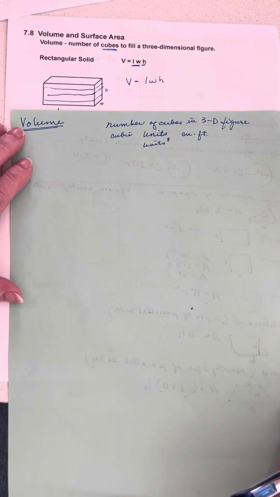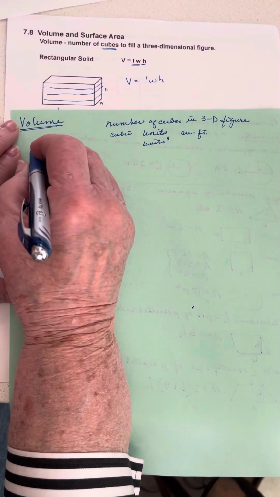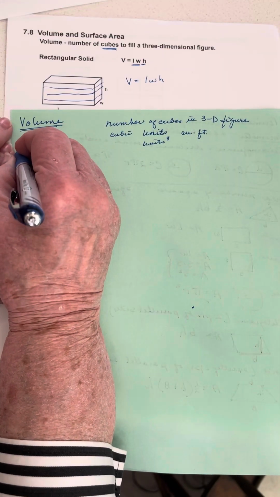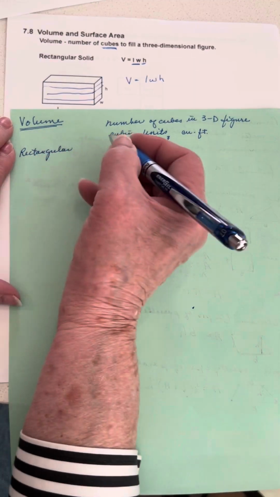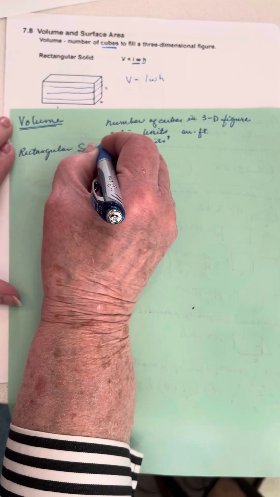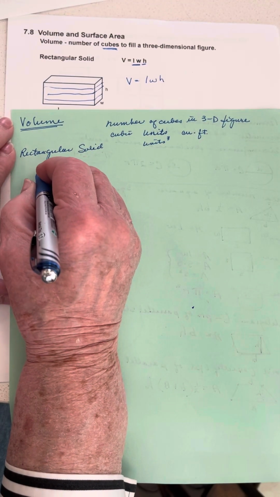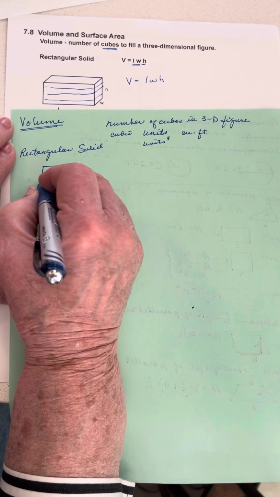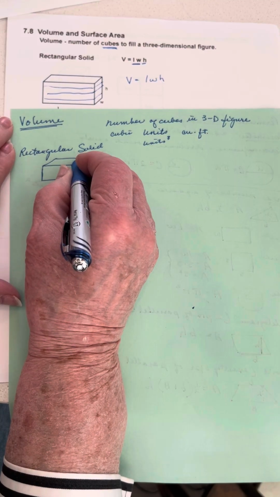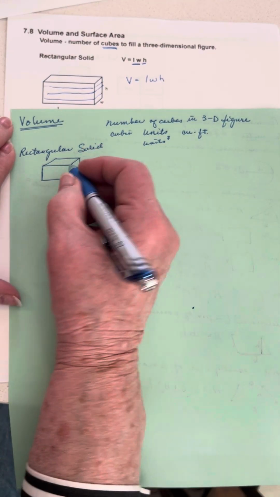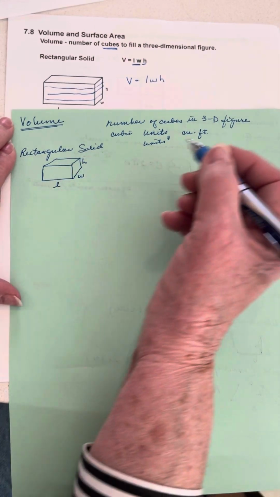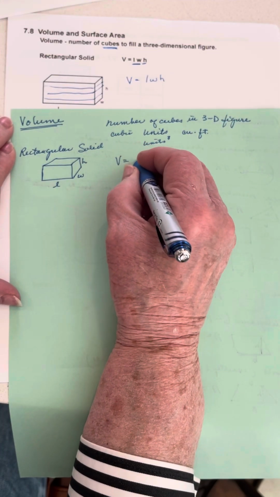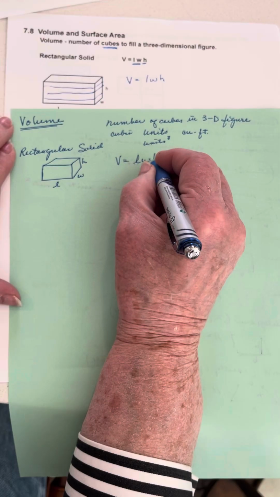Okay, so let's get this one on there. We're going to draw a rectangular solid. I'm pretty good at drawing these. And we have the length, the width, and the height. So the volume is equal to the length times the width times the height.